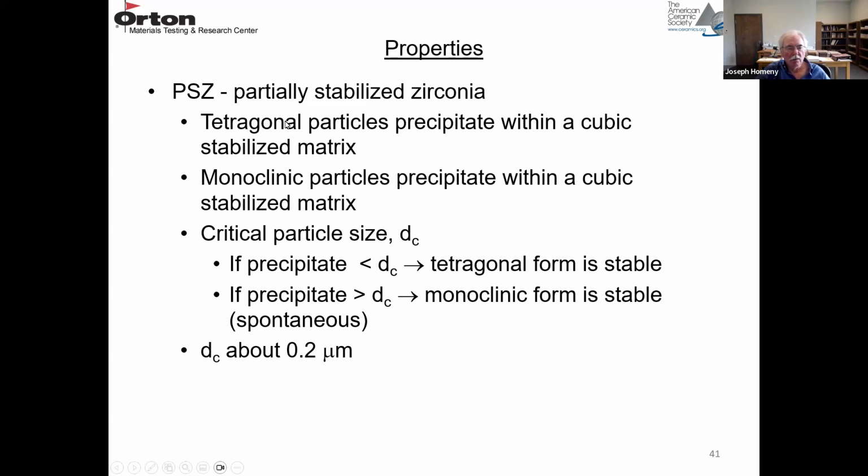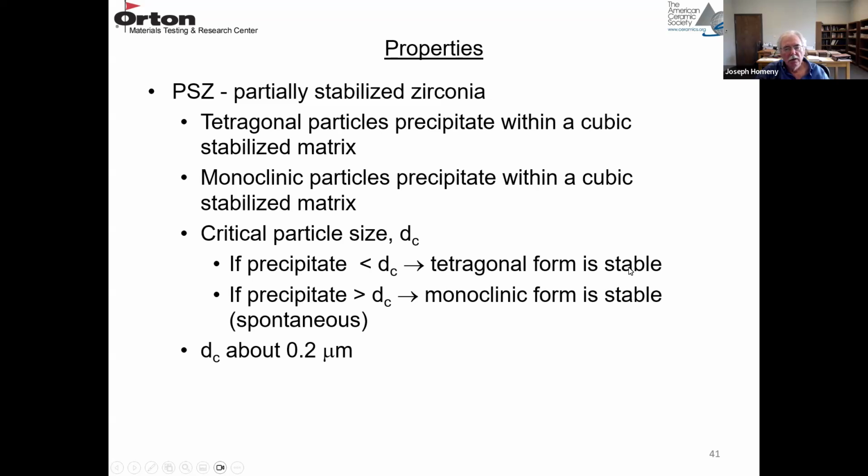So what determines whether they're tetragonal or monoclinic is their particle size. So depending on how you heat treat these, how you grow these precipitates, if the precipitate is less than this critical size, DC is a critical diameter, if it's less than that, the tetragonal form tends to be stable.